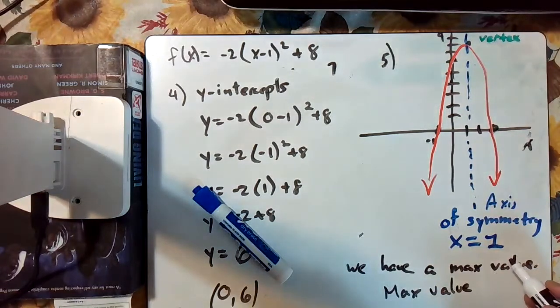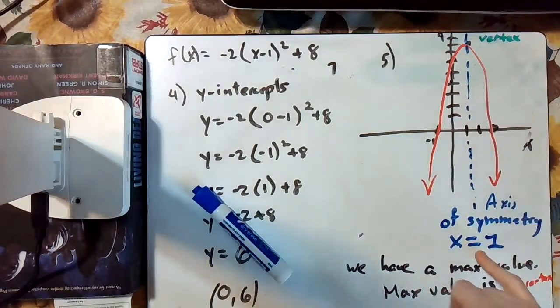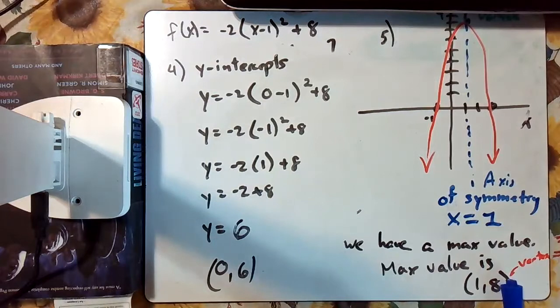The max or the min value is always the vertex of that particular function, which is 1 comma 8. Again, where am I getting that from? That's just the vertex right here. That's not changing. It's always going to be that piece of information. So you see, once you discover the vertex, you already have 2 other answers, right? You have the axis of symmetry, which is the x part of the vertex. You also have the max or min value, because that's also the vertex right there.